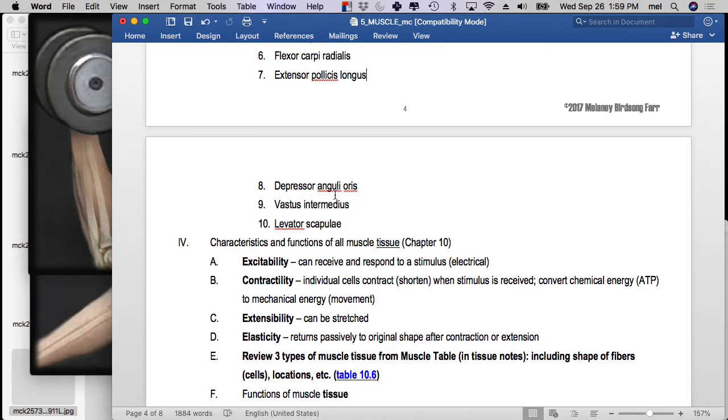I'm just trying not to move my face. Depressor anguli oris. Any idea where it might be? And not the mandible, the mouth. Depressor anguli oris. Ooh, got it. Do that. Mm-hmm. This is your depressor anguli oris.